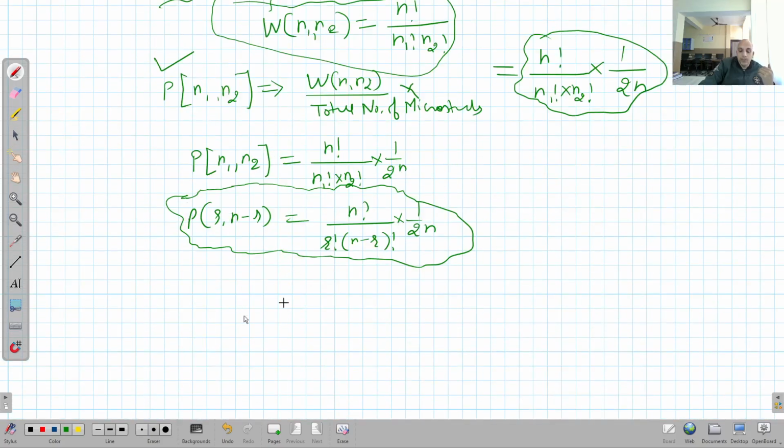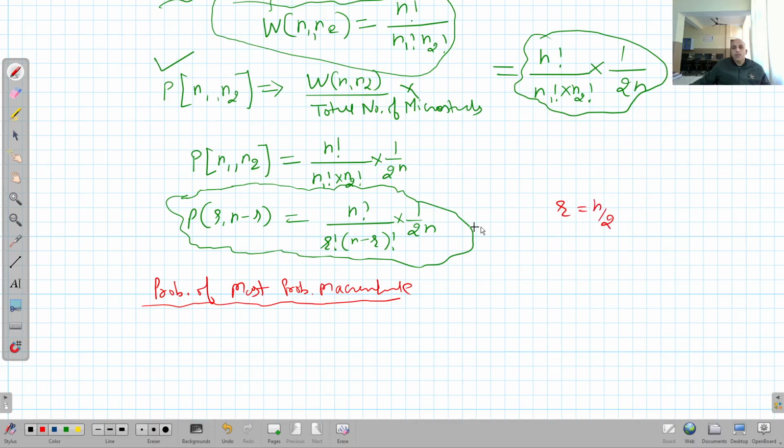Now, from this expression, I can write down the expression for the probability of the most probable macro state. From this expression, it is clear that this entire term will be maximum when r is equal to n by 2, because you can see here this is r, this is n minus r.